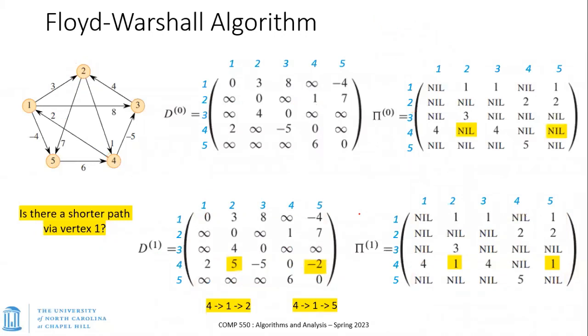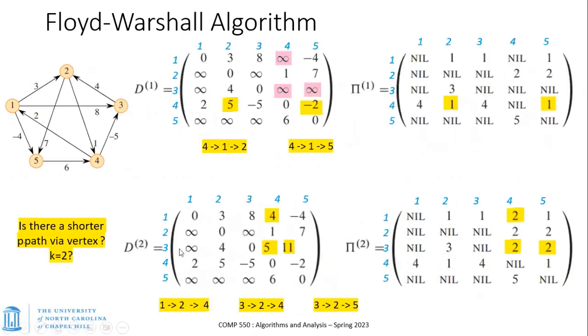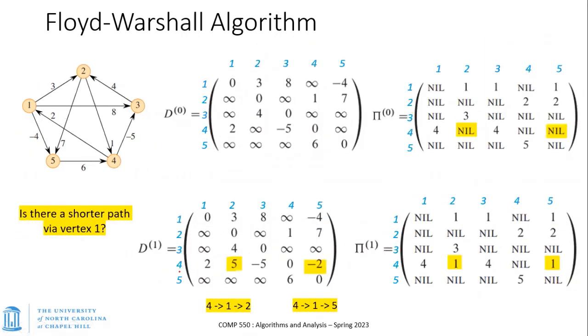So this is what we get after we do the first iteration. And essentially you can see that some of these path weights will change. Let's take a look at a couple of them. Those are the only 2 that are changing. So we're saying that if you want to go from 4 to 2, that was currently infinite, so there was no current path from i to j, from 4 to 2.